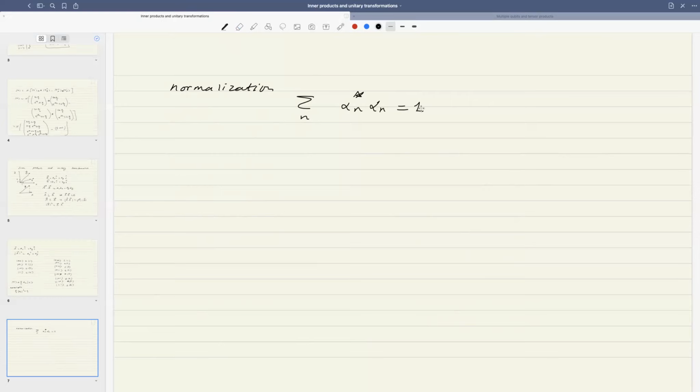So this motivates us to define an inner product that looks like this.